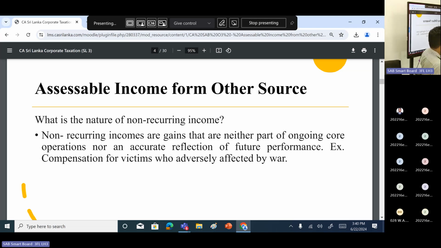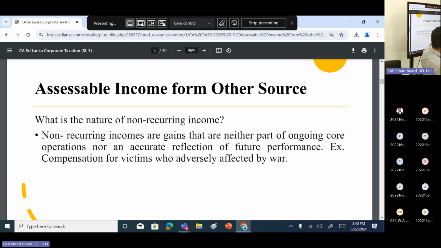So even though they obtained a gain and worked towards getting compensation for it, there is no repetitive nature, therefore it does not come under trade income. In the case of trades, it should be of a repetitive nature.